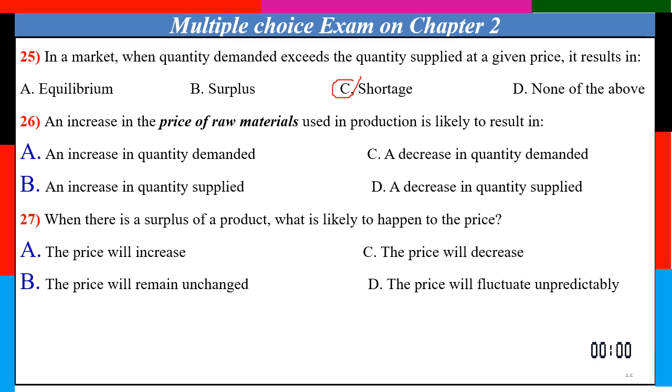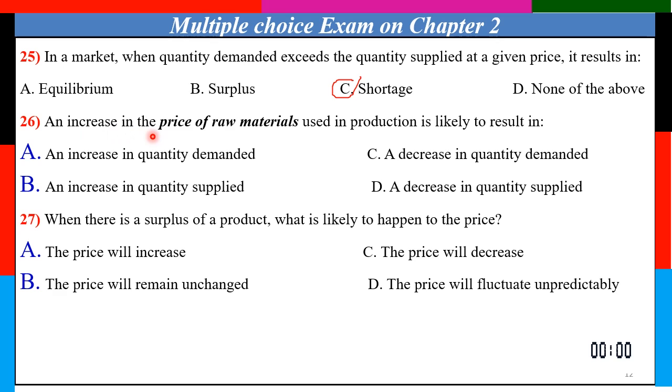C is the answer. When the quantity demanded is greater than the quantity supplied, it causes a shortage in the market, because the amount of products needed by the people is greater than the quantity supplied by the sellers. Therefore, it creates a shortage in the market.